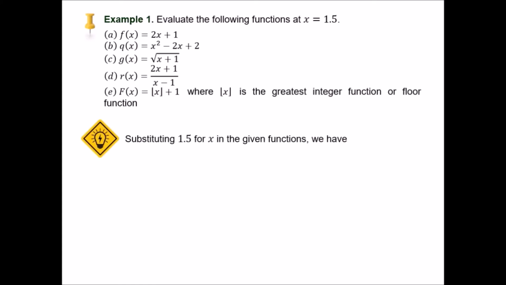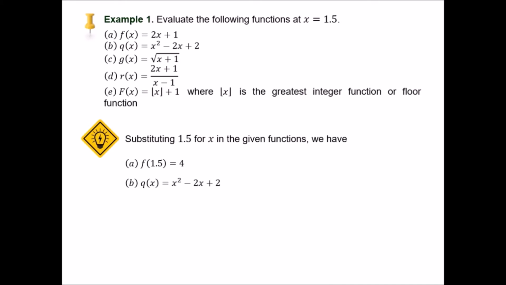Solution. Substituting 1.5 for x in the given functions, we have letter A, f of x equals 2x plus 1. Substituting 1.5 for x, we have 2 times 1.5 plus 1. 2 times 1.5 gives us 3. 3 plus 1 gives us 4. Next is letter B, q of x equals x squared minus 2x plus 2.